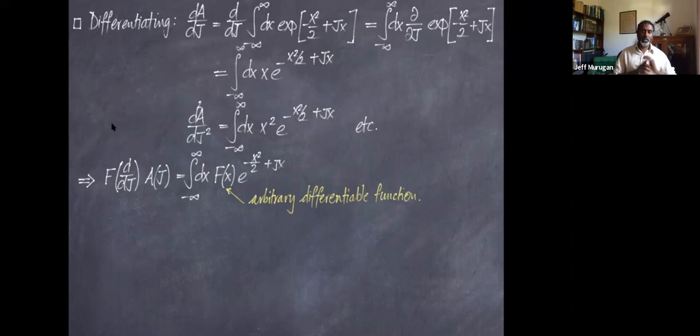So where I said second derivative plus 3 times first derivative plus 6, I would inside the integral get x squared plus 3x plus 6. Does that make sense?